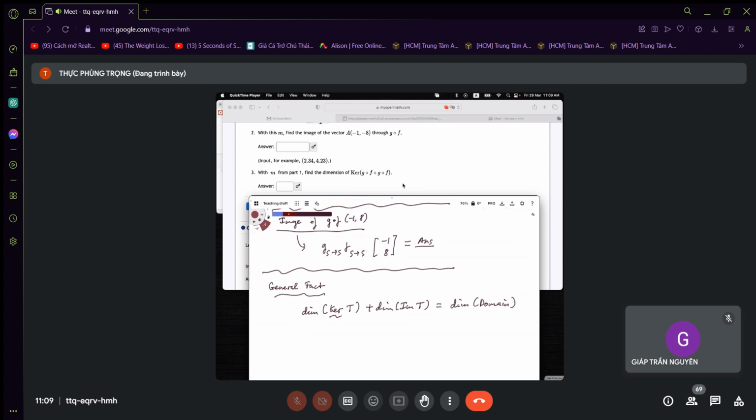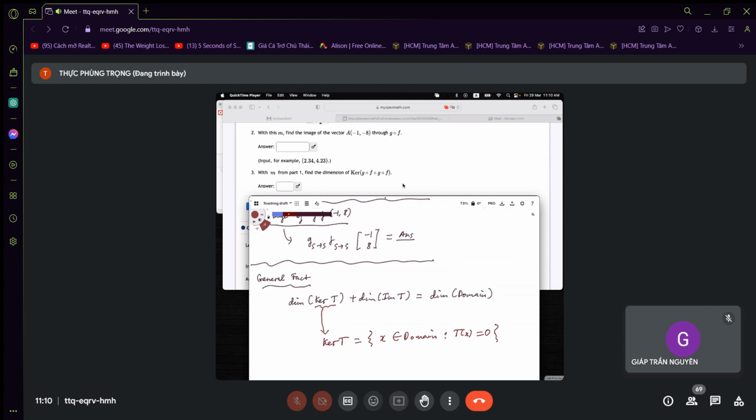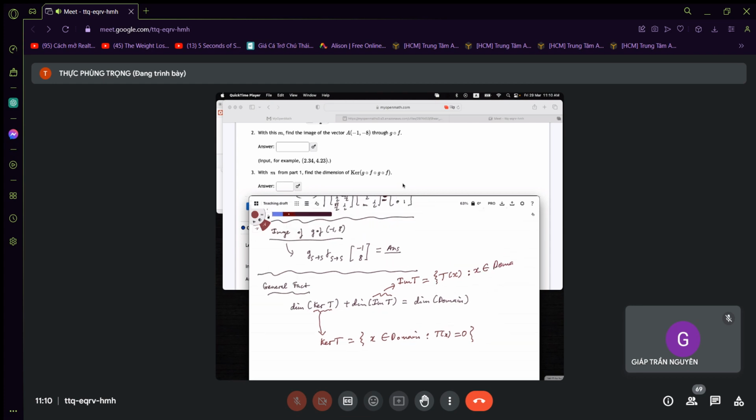What's the kernel of T? Let me remind you the definition. Kernel of T is the set of S in the domain so that T of S equals 0. The image of T is the set of TS for S in the domain. So you get the definitions for the kernel and the image.